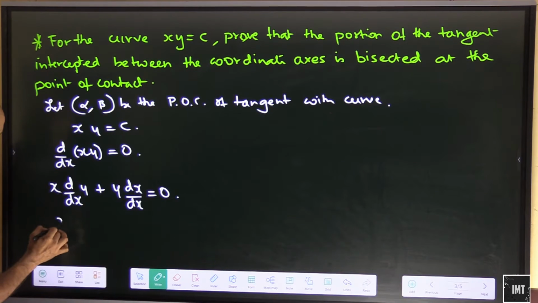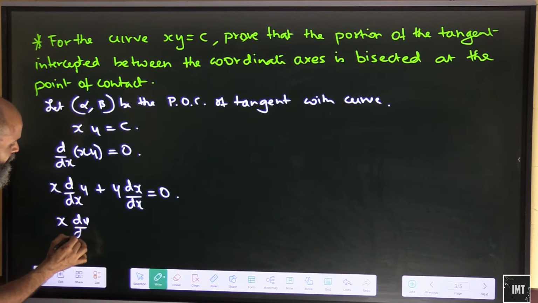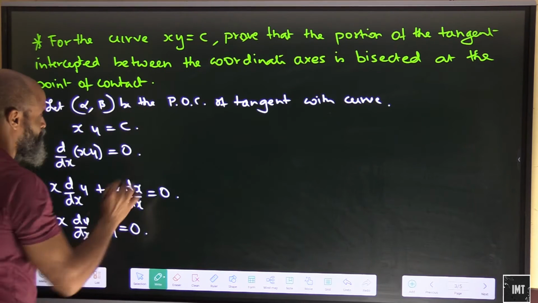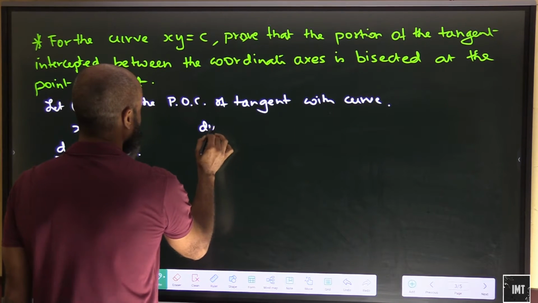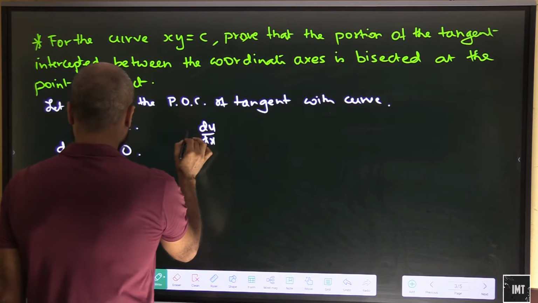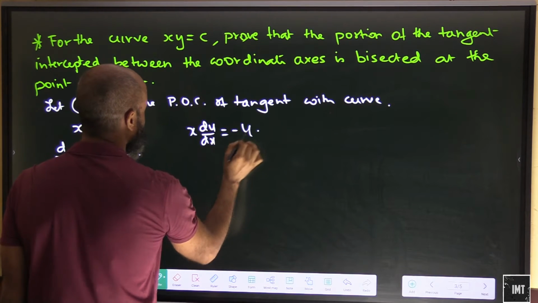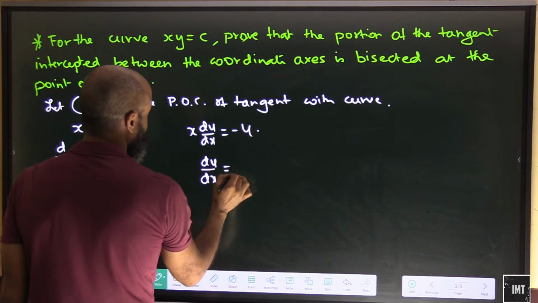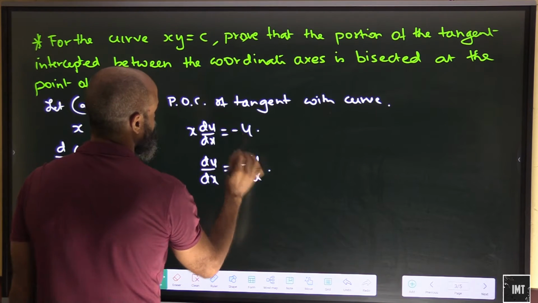Okay, so here we have x dy by dx plus y is equal to 0. So x dy by dx will be equal to minus y, so dy by dx will be equal to minus y by x.